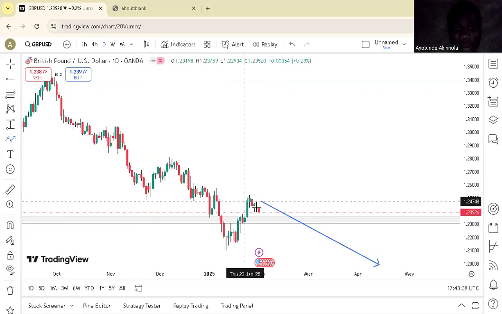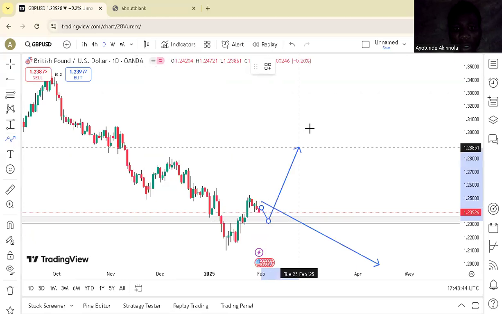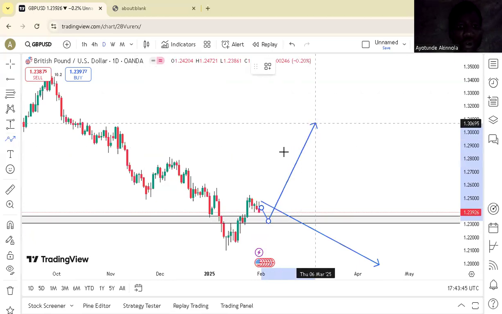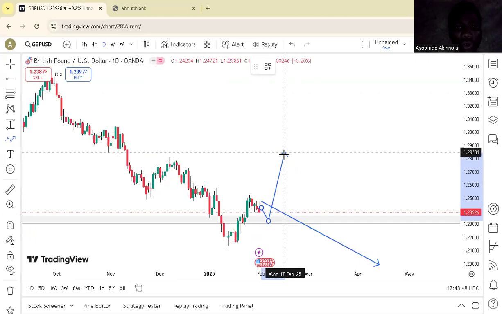price do this, then push up, depending on whatever DXY is doing.